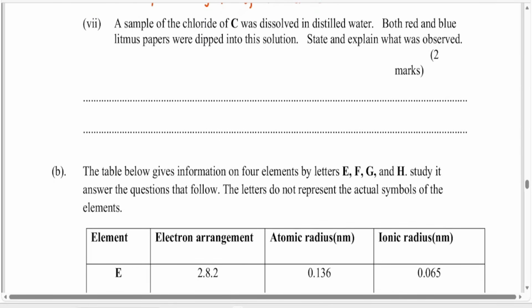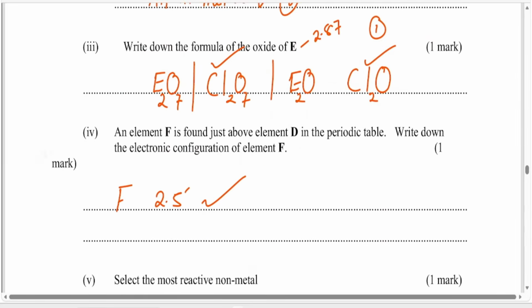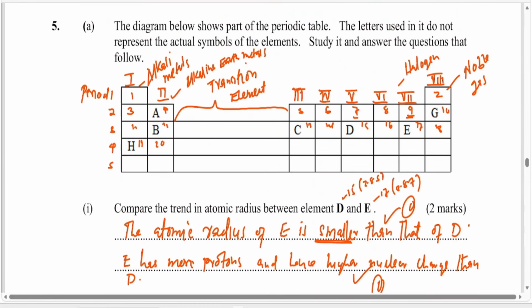Question number 7. But before we move to question number 7, from this periodic table, you may be told to identify the element which is most electronegative. The most electronegative element is the one that has the highest ability to attract a shared pair of electrons towards itself, and most of the time it is the most reactive nonmetal.